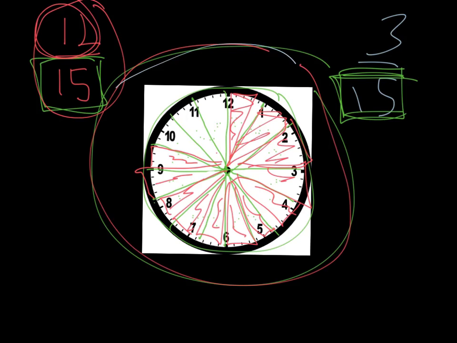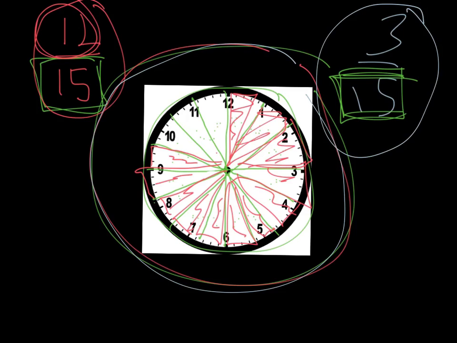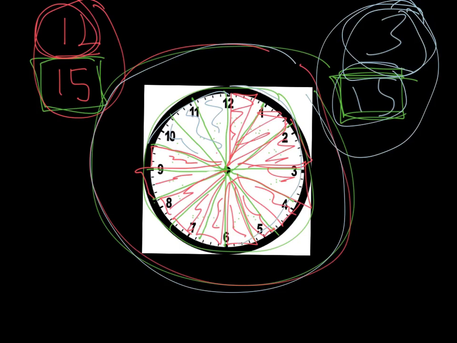So now I've already got my 12 pieces done. Now I have to do 3 fifteenths, which would be 3 pieces, because the numerator indicates 3 pieces of 15. So 1, 2, 3. As you can see, the whole pizza or clock or whatever you want to call it is completed.